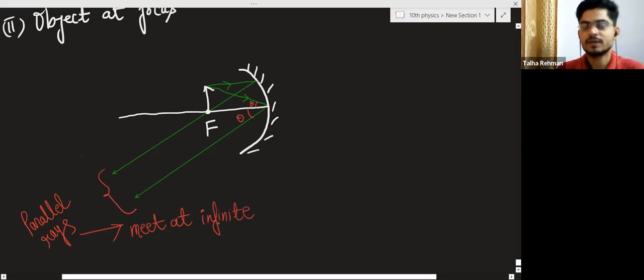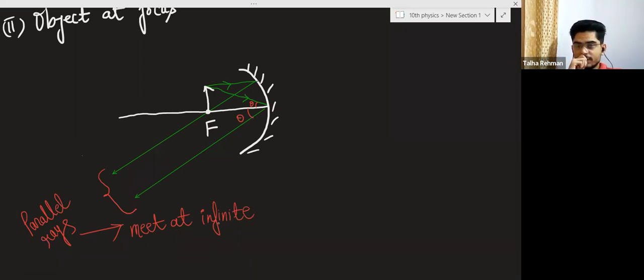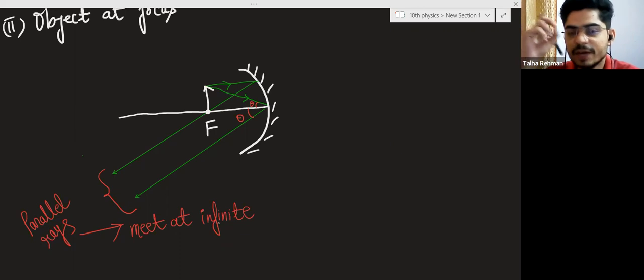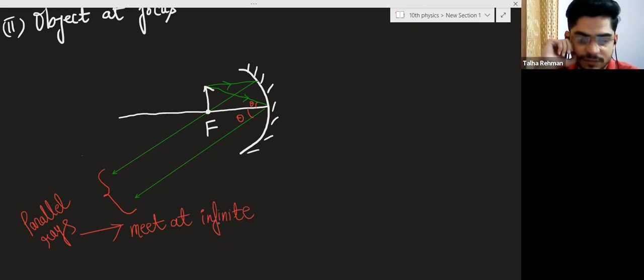When two rays are parallel, they will meet at infinity. Infinity means we can say at a very large distance.